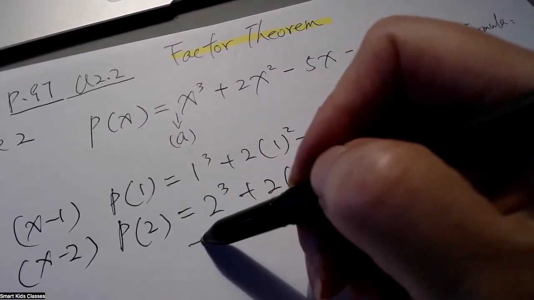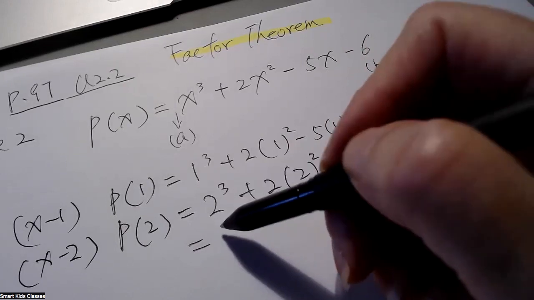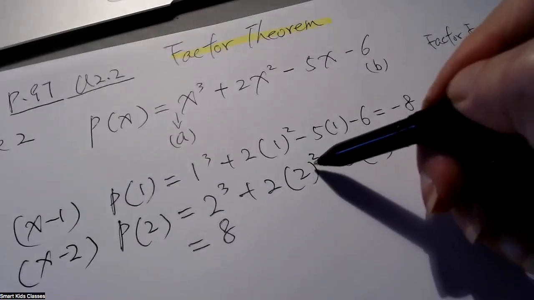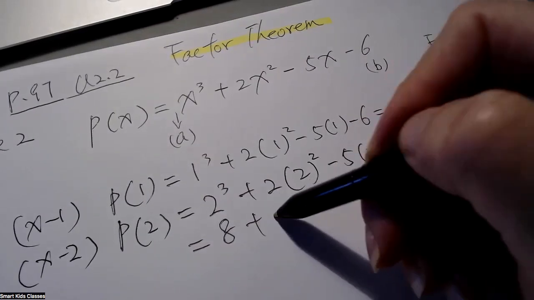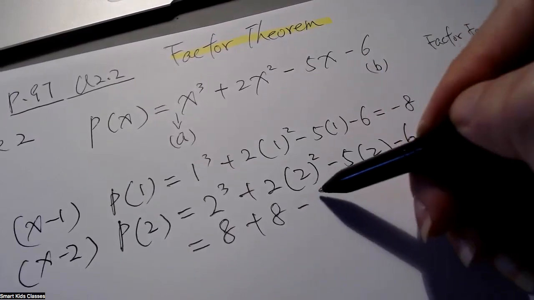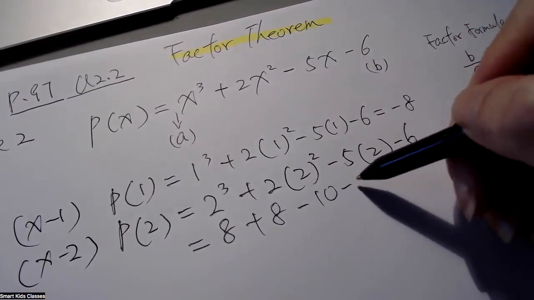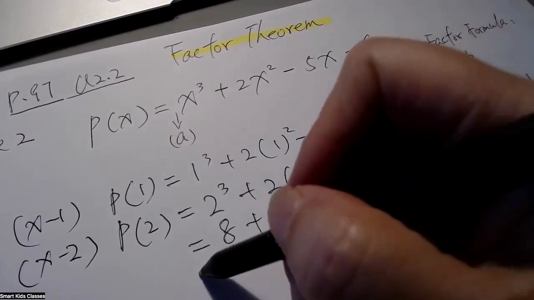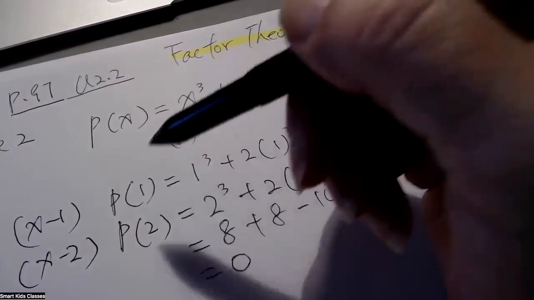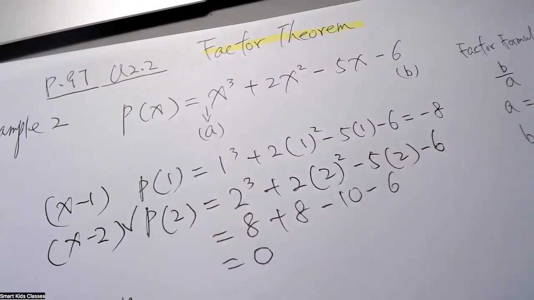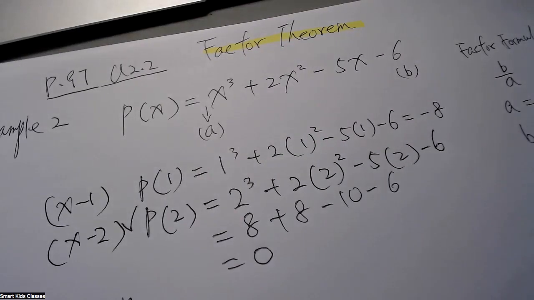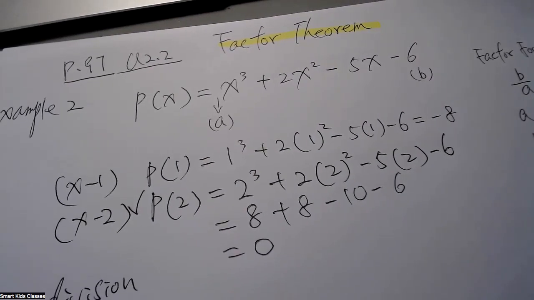When you calculate, that's 8, plus 2 times 4 is 8, then negative 10 and negative 6. So we get 0. Therefore, x - 2 is a factor. So we found one, and we factor it first.